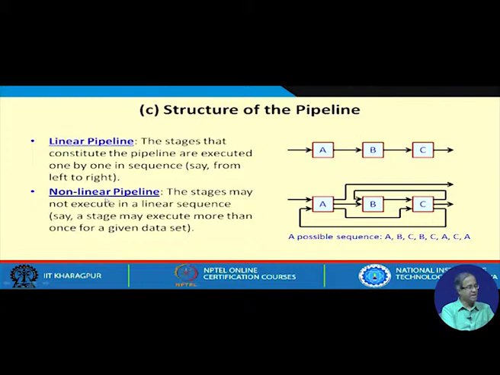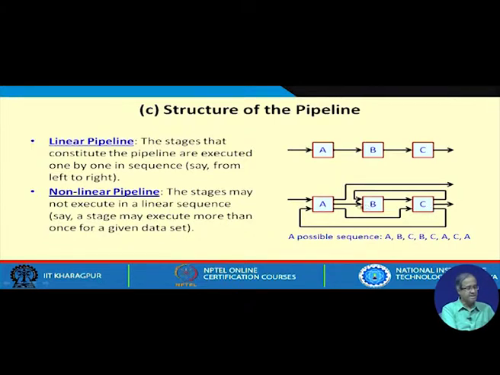But for a non-linear pipeline, see, for very complex pipeline implementation, you can have this kind of non-linear pipelining. What non-linear pipelining says is that the stages do not execute in this kind of a straight line or linear sequence. You see, this is a pipeline again with 3 stages A, B, C. Of course, I have not shown the latches that are also there.